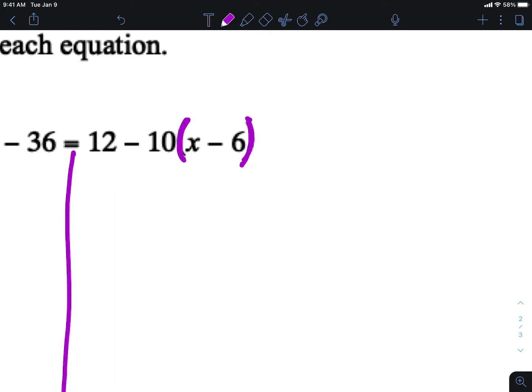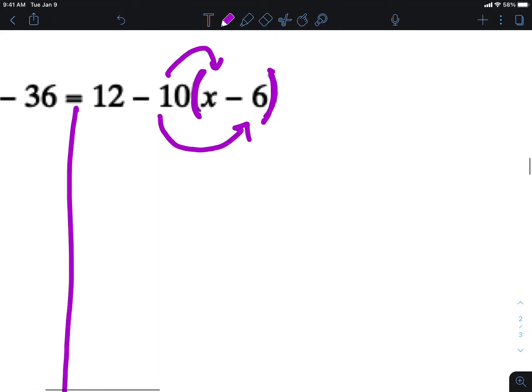And we remember that parentheses means to multiply. So we're going to multiply what's on the outside times what's on the inside. So negative 10 is going to multiply with x, and negative 10 is going to multiply with negative 6.